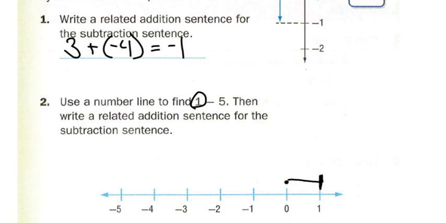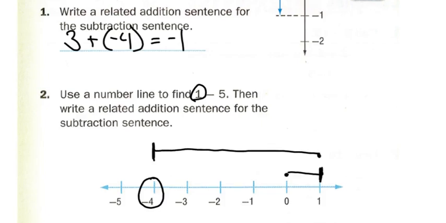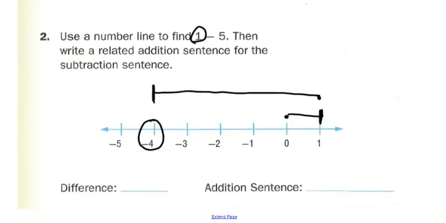Now we want to take 5 units away, so we go to the left: 1, 2, 3, 4, 5 units, and that finds me at -4. So the difference between 1 and 5 is -4.